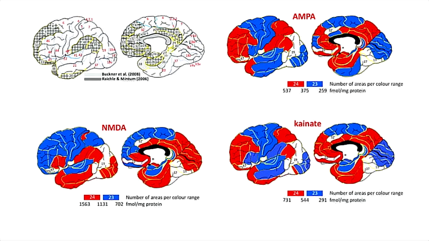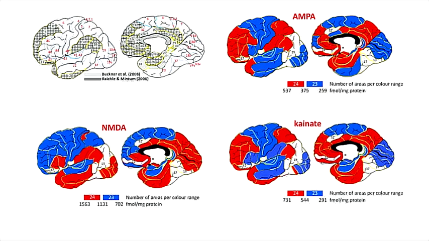And immediately you see that the prefrontal part here of the default mode network lights up, that the temporal part of the prefrontal network lights up, but also parts which are definitely not default mode network have a very high AMPA receptor density.